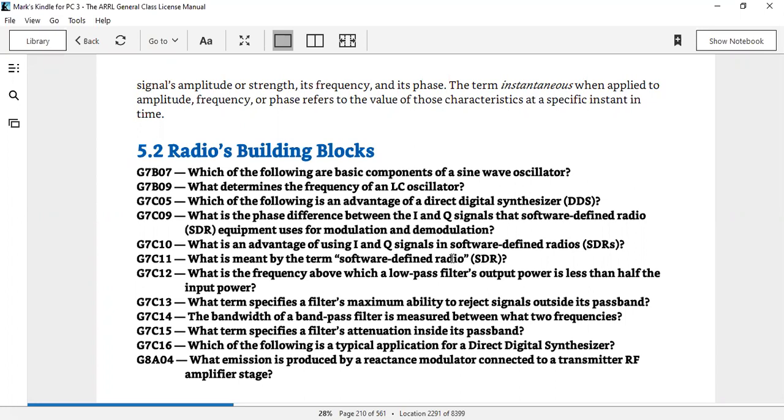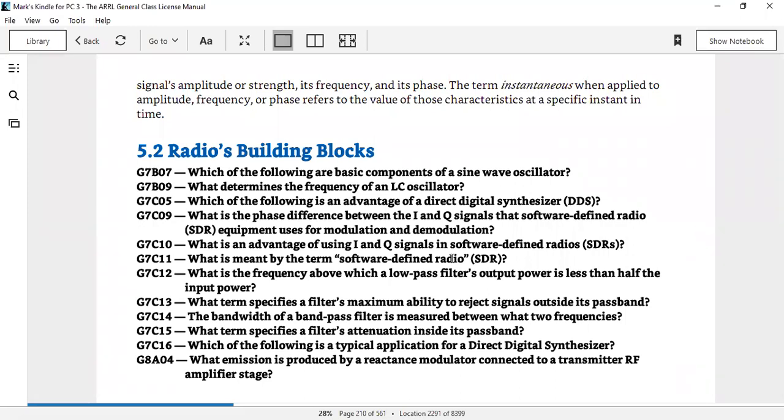And what is the frequency above which a low-pass filter's output is less than half the input power? We'll cover that. And what term specifies a filter's maximum ability to reject signals outside its pass band? We'll hit that. The bandwidth of a bandpass filter is measured between its upper and lower limits.